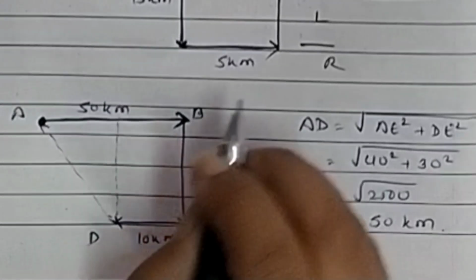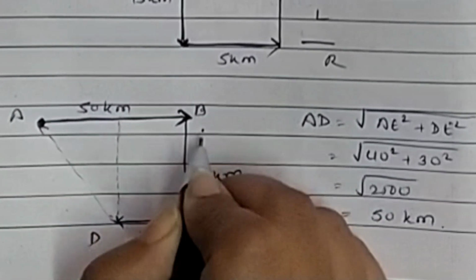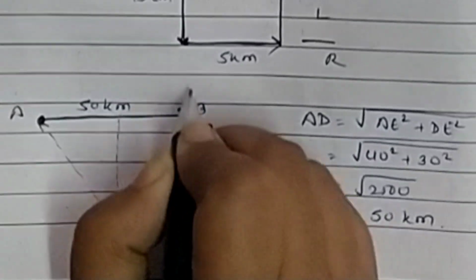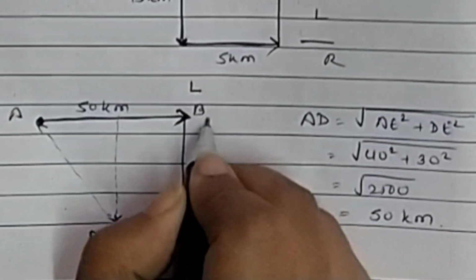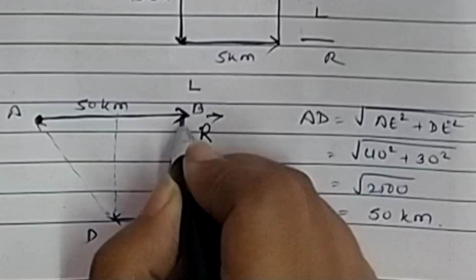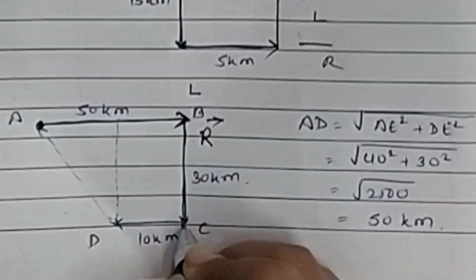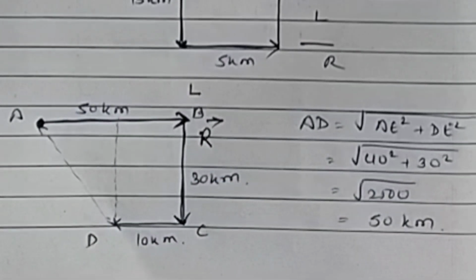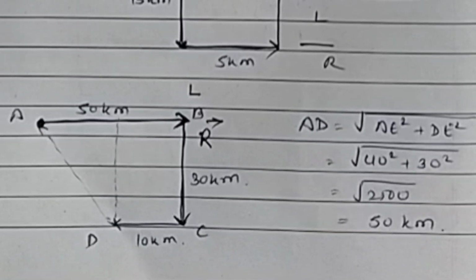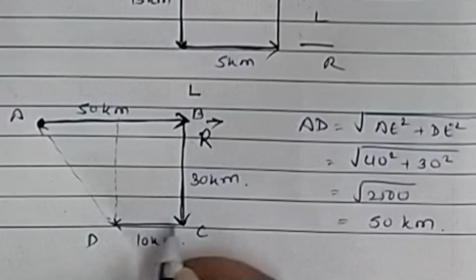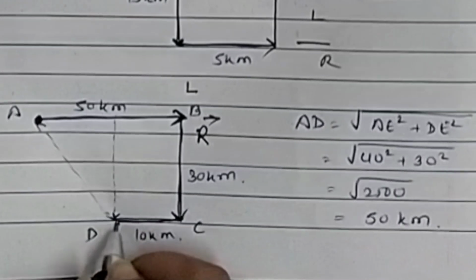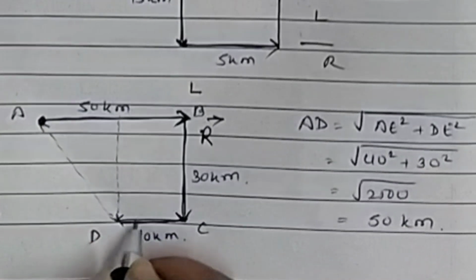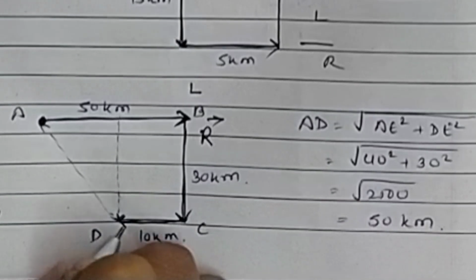Right turn will be like this and left turn will be like this, and because he is facing that way, he took a right turn and drove for 30 kilometers. Then he turned west, which is this way, and drove for 10 kilometers.